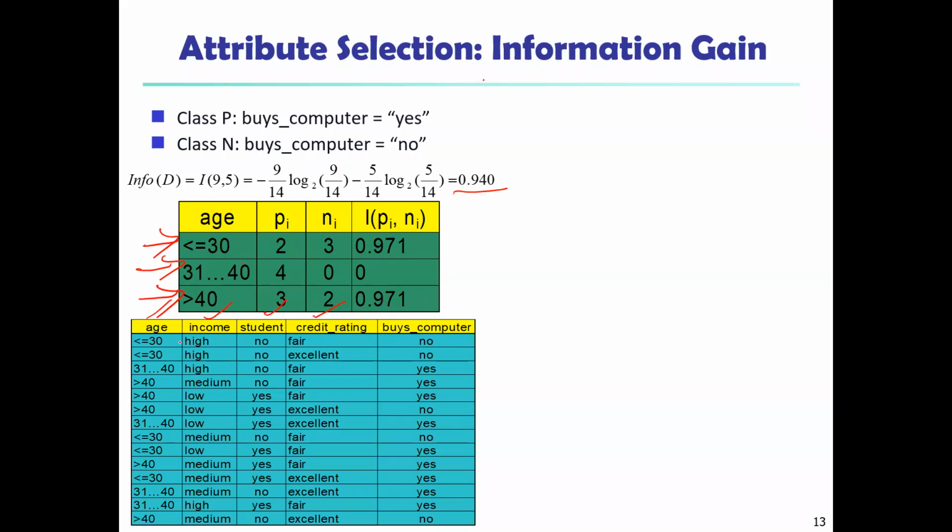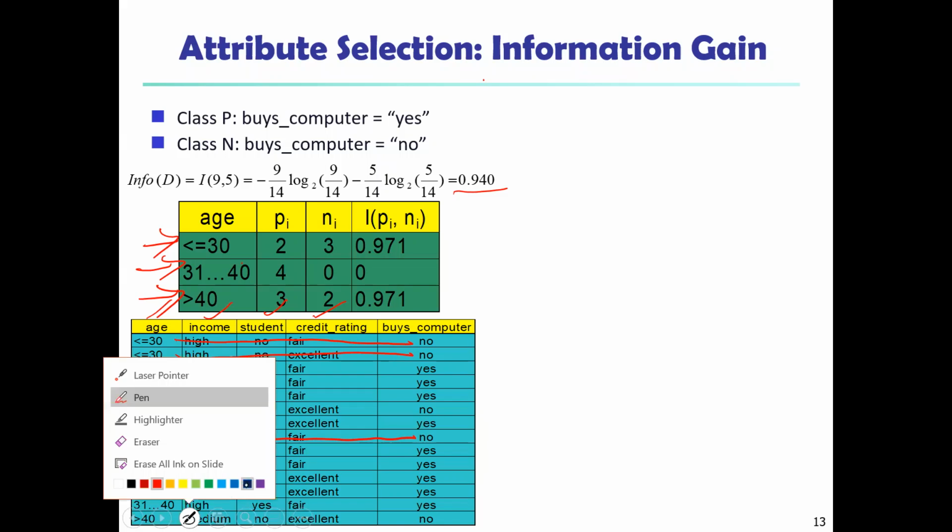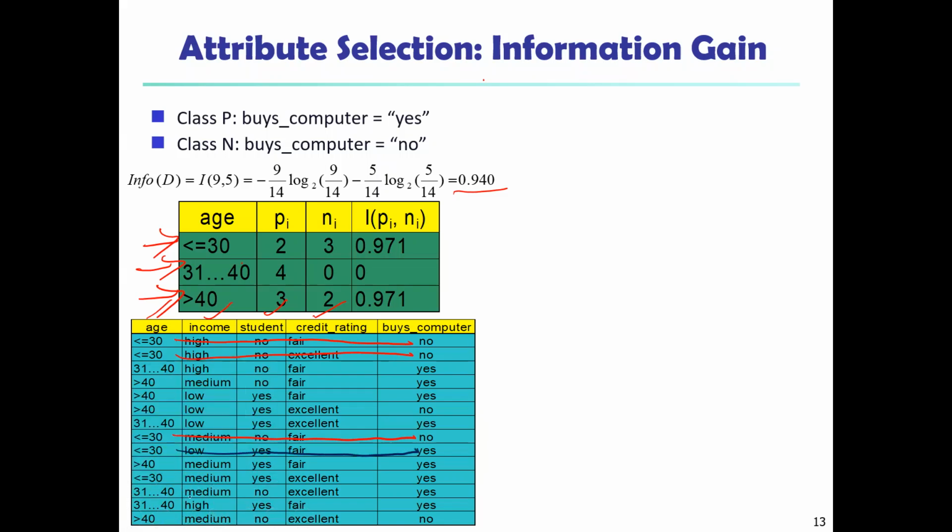For less than or equal to 30: 1 no, 2 no's, 3 no's, and 1 yes, 2 yes. So a total of 3 no's and 2 yes. So 2 yes values, 3 no values.